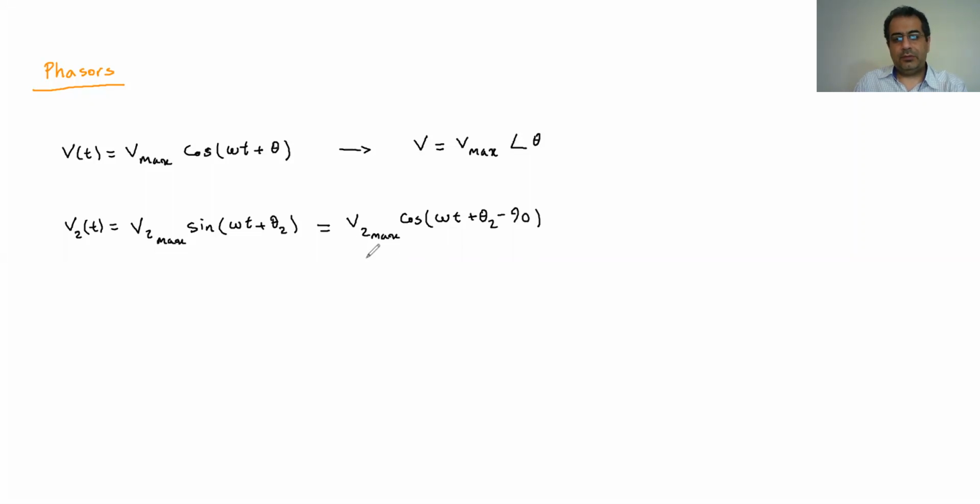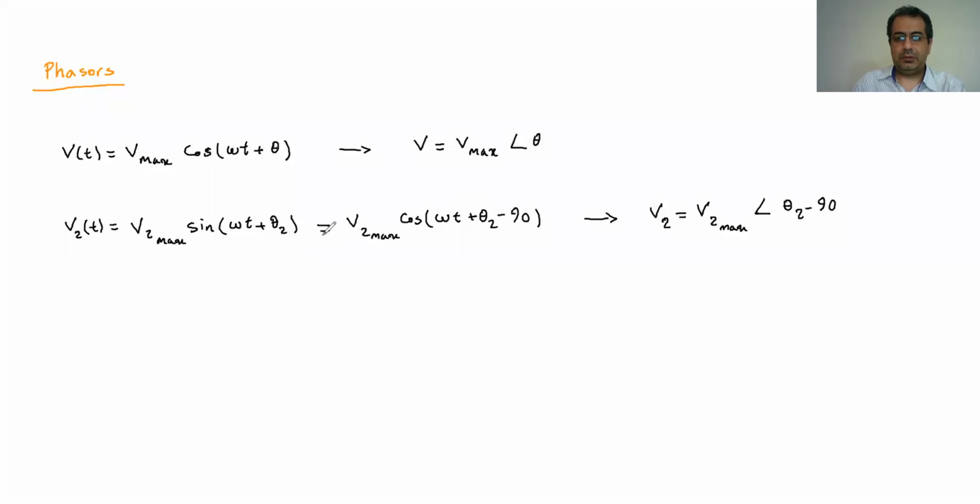Now that it's converted to cosine, I can write the phasor of that V2. It's going to be its peak magnitude, V2 max, the maximum of that, and the angle of theta 2 minus 90.